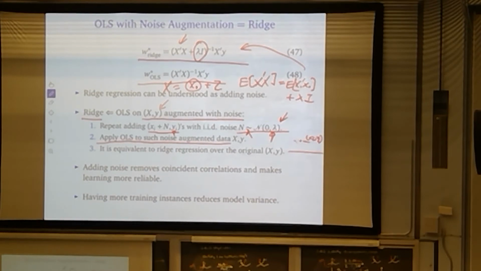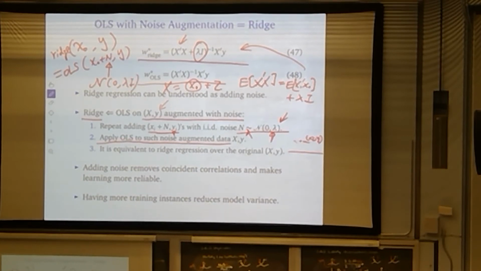If the original data is x0, y, ridge over this equals OLS on x0 plus noise and y. This noise is Gaussian with mean 0 and covariance lambda I. This is just by math itself.